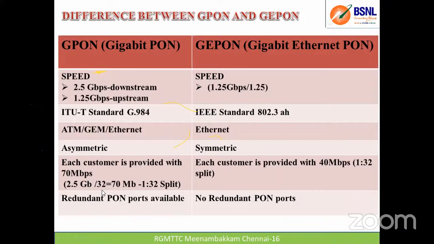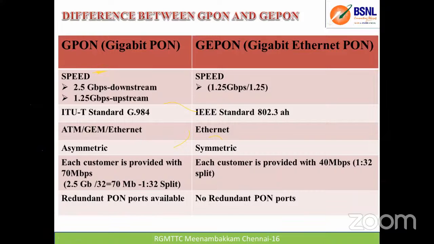ATM is Asynchronous Transfer Mode. Redundant PON ports are available in GPON, but there are no redundant PON ports available in Gigabit Ethernet PON. Redundant PON ports means that if you are using GPON in an OLT, two PON ports are available on the OLT.